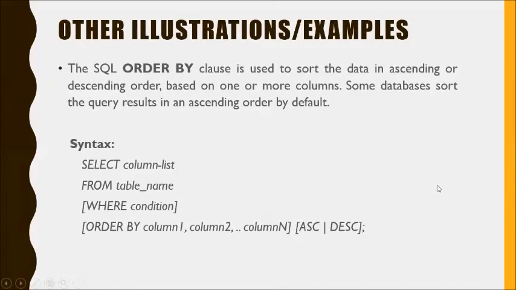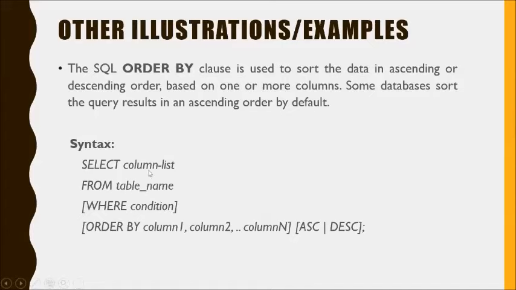So we have here some other illustrations and examples of the applications of order by. The SQL order by clause is used to sort the data in ascending or descending order based on one or more columns. Some databases sort the query results in ascending order by default. So we have the syntax here for the order by.